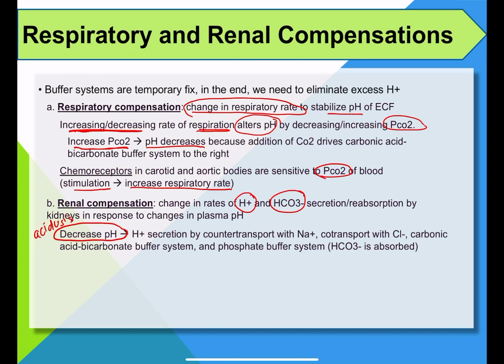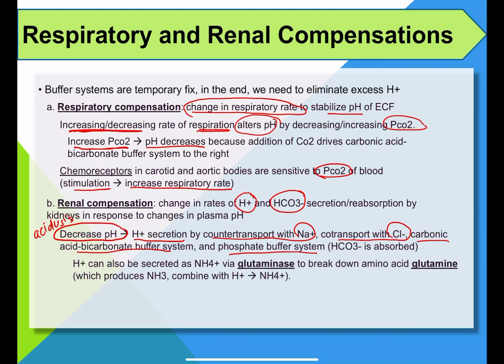Hydrogen ions can be secreted directly through countertransport with sodium ions, as we have already learned in the urinary system chapter. It can co-transport with chloride ions as well. The carbonic acid buffer system can also help in this case, and the phosphate buffer system can also try to change that decrease in pH back to neutral, okay?